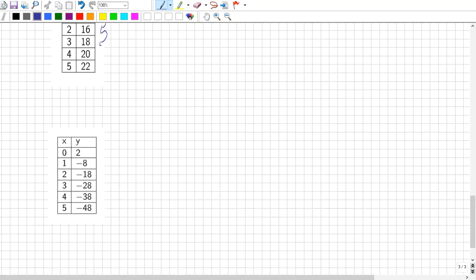This example will be when it's going down. Again, I start with y equals something x plus or minus something. The value when x equals 0 is positive 2, so that's going to be plus 2. And for the value in front of x, let's see what it's going up or down by. This time it's going down, because 2 to negative 8 is a drop of 10.